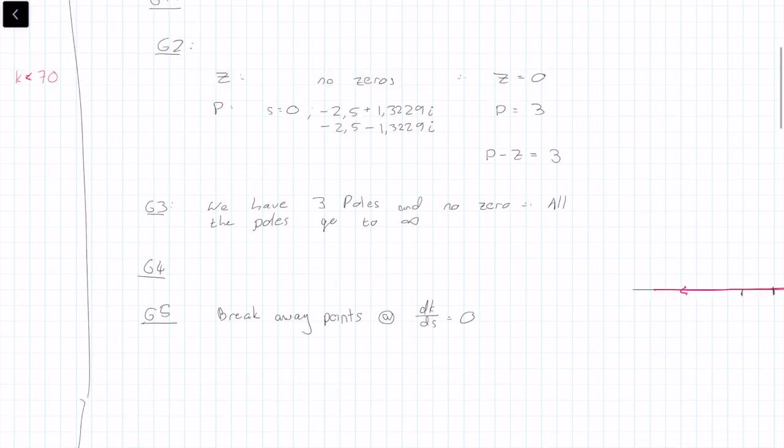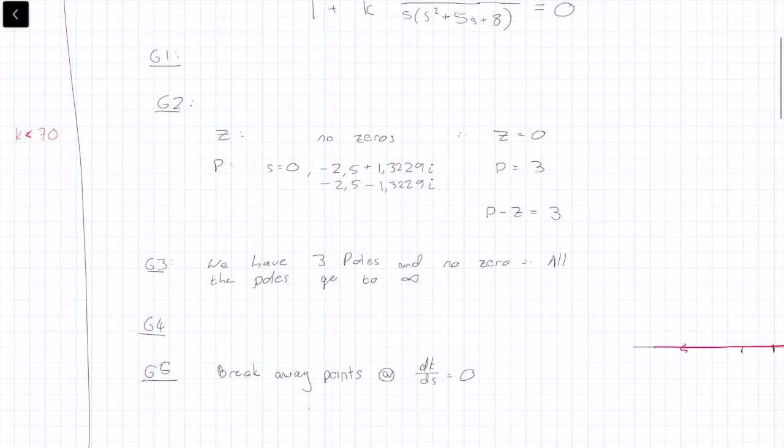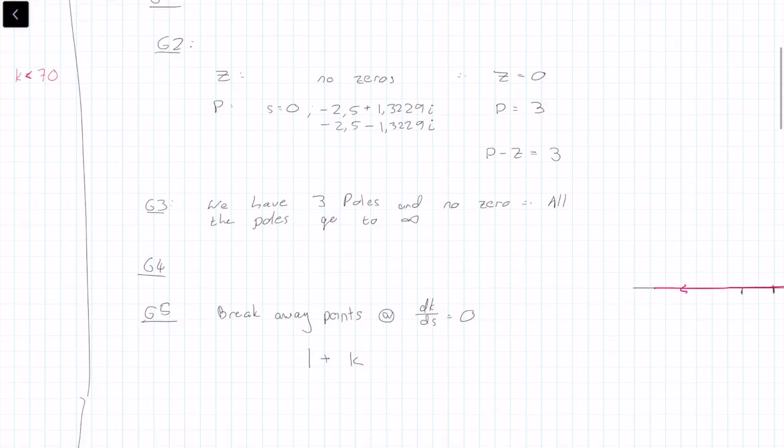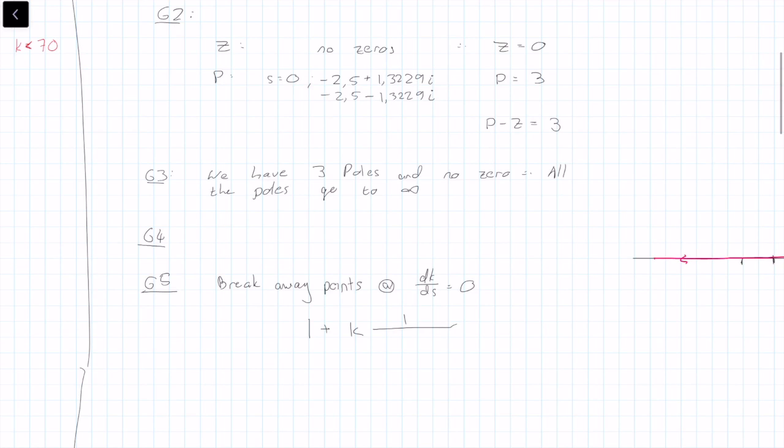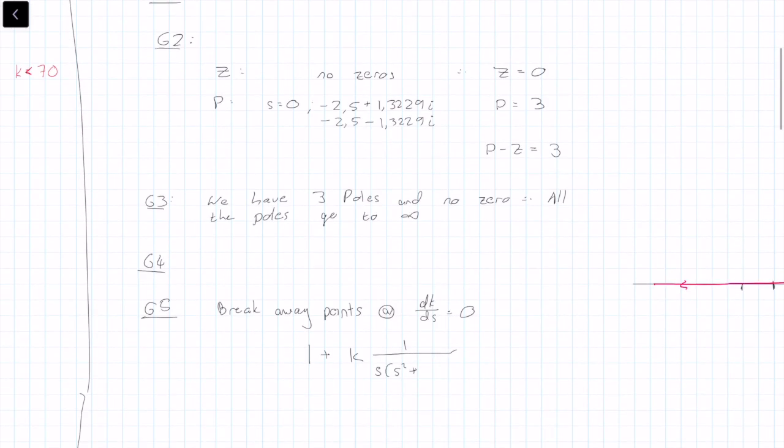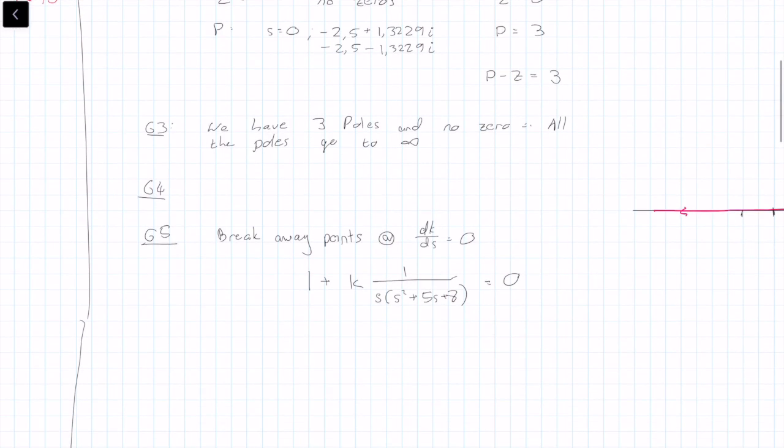So we start off with our equation, which is 1 plus K over s squared plus 5s plus 8, with the 1 on top, equal to 0. Therefore K is equal to minus s cubed plus 5s squared plus 8s, after multiplying that in.